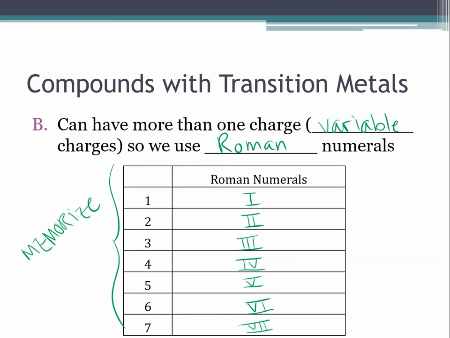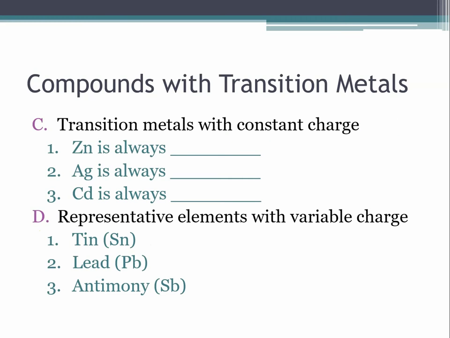Couple of exceptions, because everything good in chemistry has some exceptions. There are 3 transition metals that do not have variable charge. Zinc is a transition metal, but it always has a +2 charge. Silver is a transition metal, but it always has a +1 charge.